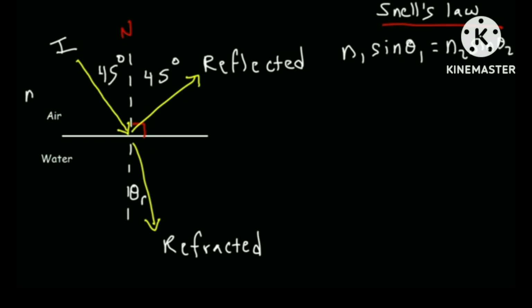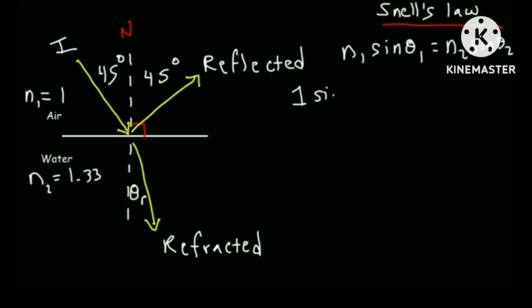The index of refraction for air is approximately 1. For a pure vacuum where there's no molecules in the air, it's exactly 1. The index of refraction for water is 1.33. So with this information, we can calculate the angle of refraction. So n1 we're going to say is 1 and n2 is going to be 1.33.